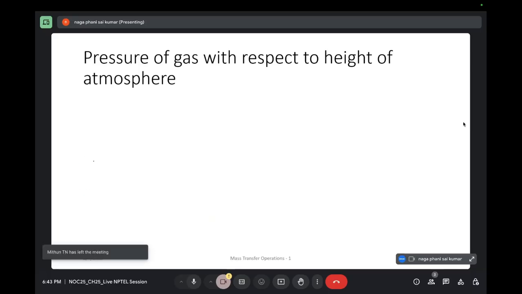Let's say the temperature could be assumed to be constant over the height change or the elevation.